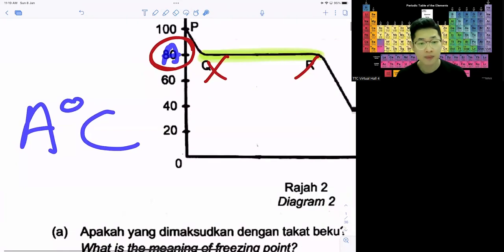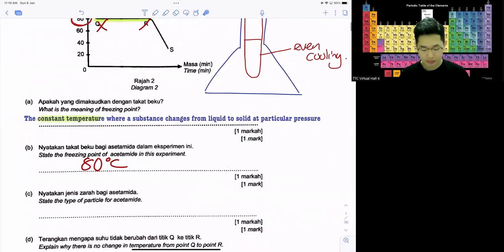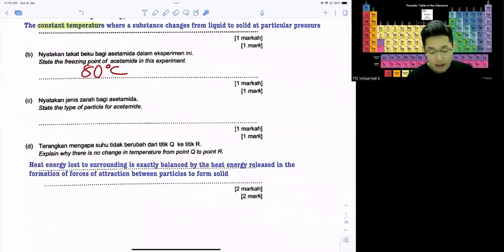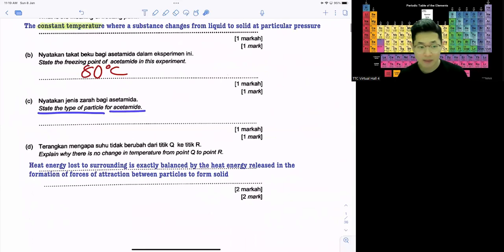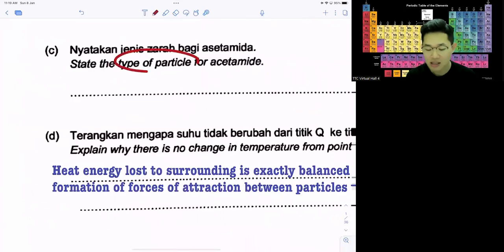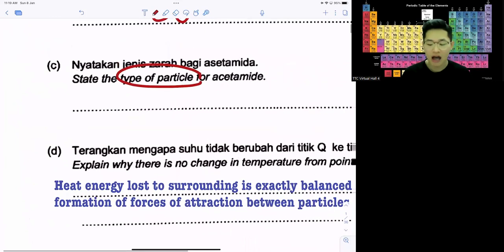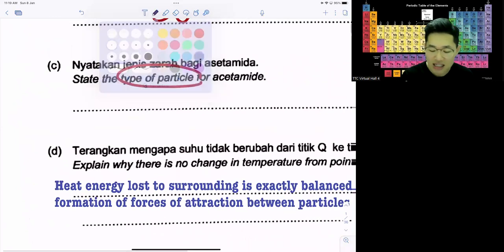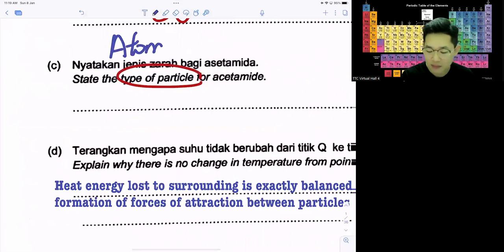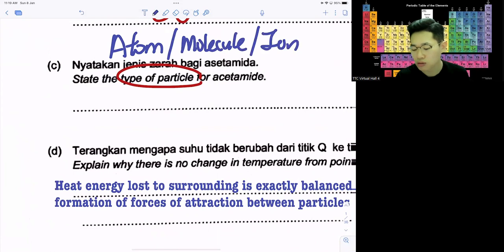记得就这样。Then the next question, state the type of particles for acetamide. Type of particle 是一个很 common 的题目。Every time you see type of particles, you have to give me the answer: atom, molecule, or ion.